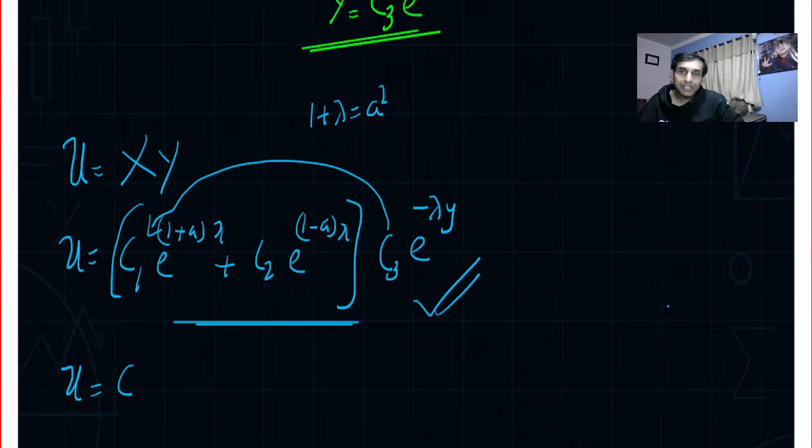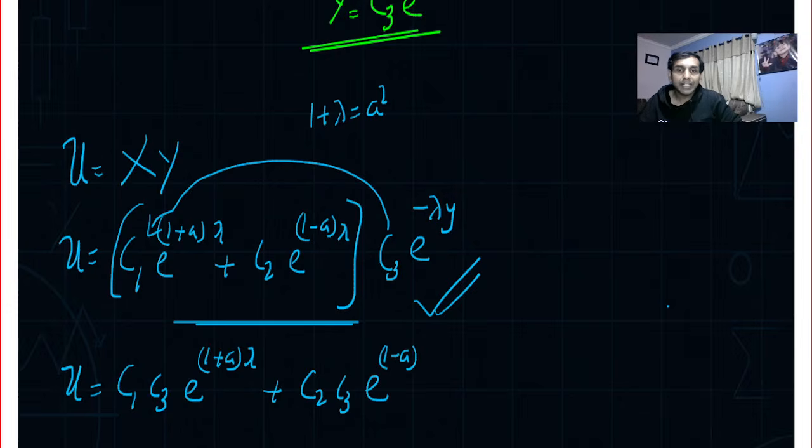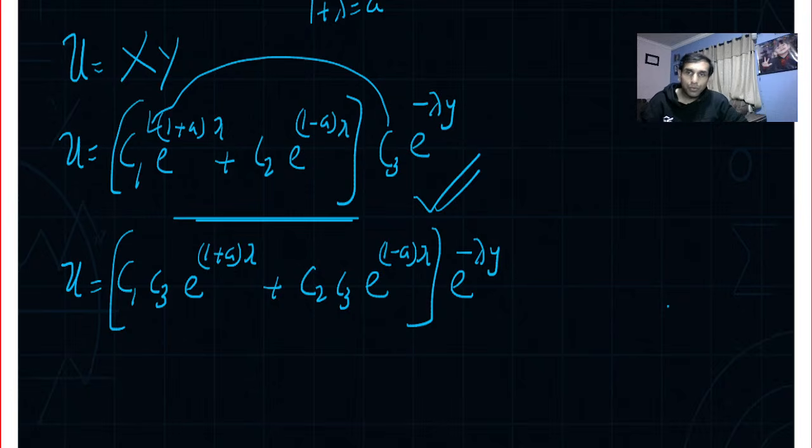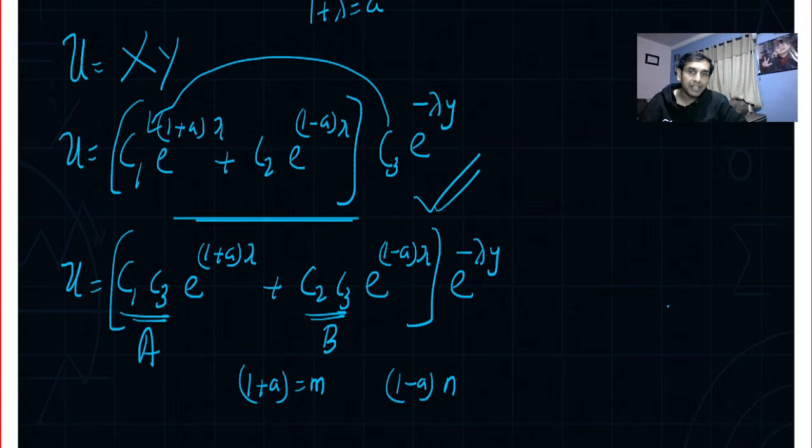So u equal to c1 c3 e to the power (1 plus a) into x plus c2 c3 e to the power (1 minus a) into x multiplied by e power minus lambda y. Now I'm going to call this 1 plus a as m and 1 minus a as n, and c1 c3 as a, c2 c3 as b.